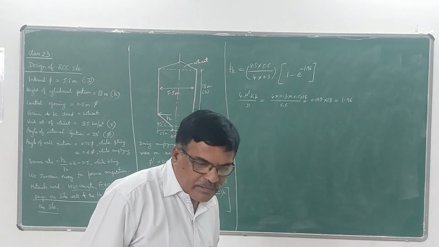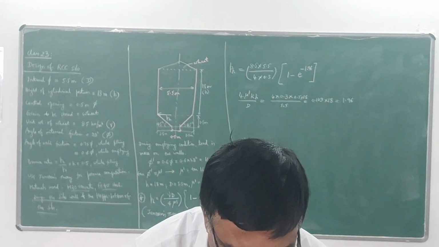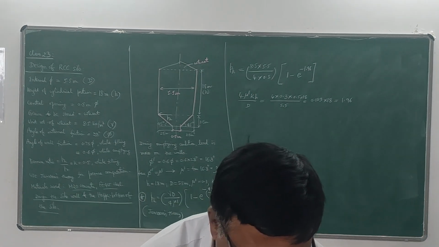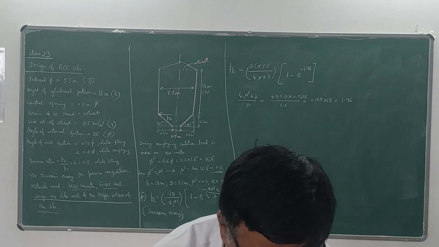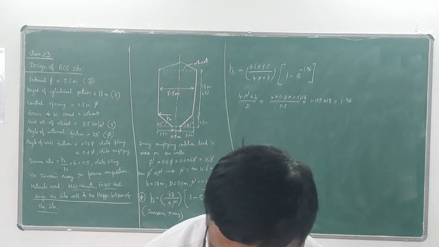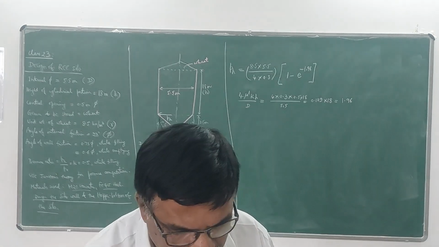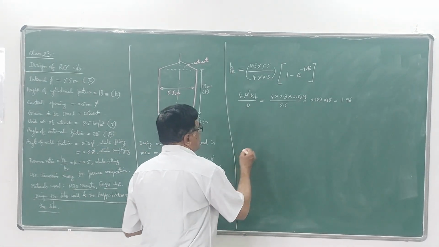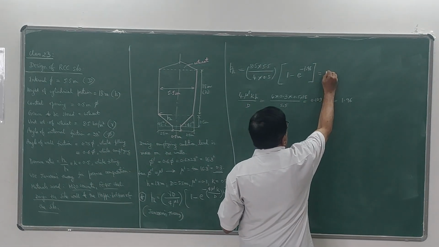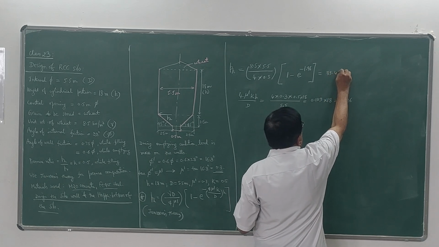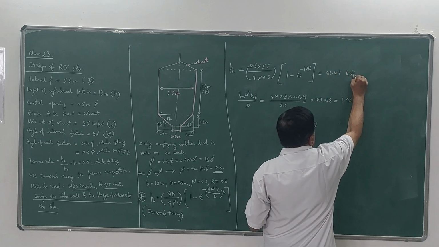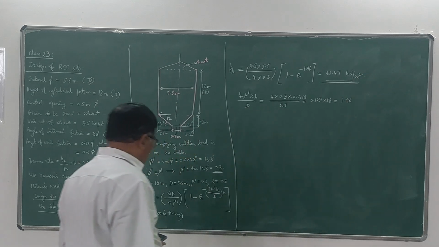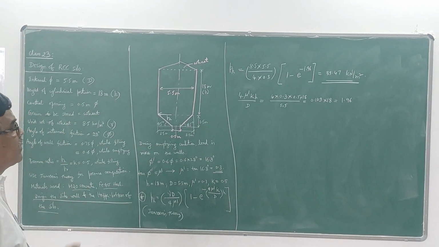So you will be getting the value 33.47. You can check the answer. 33.47 kilonewton per meter square because it is pressure. You can check the value.